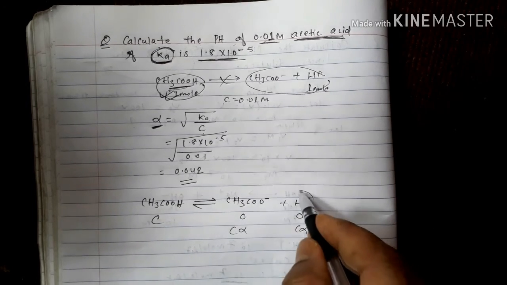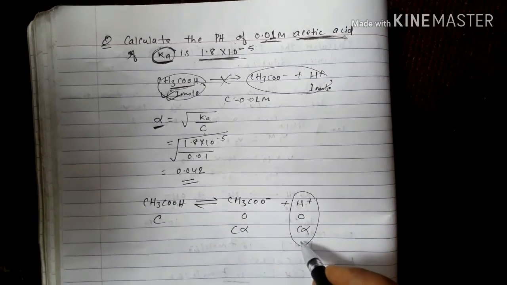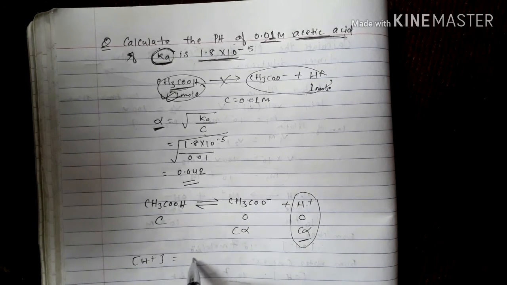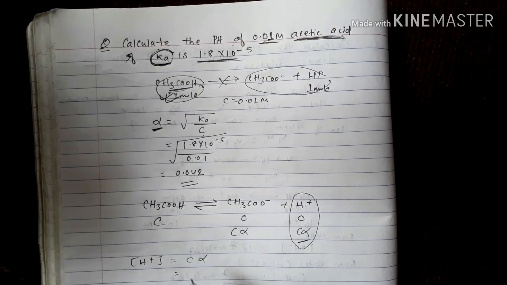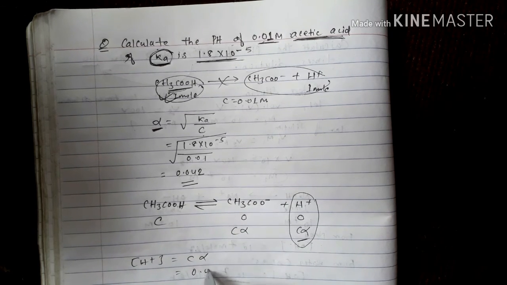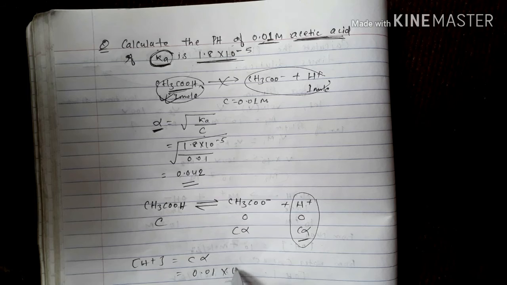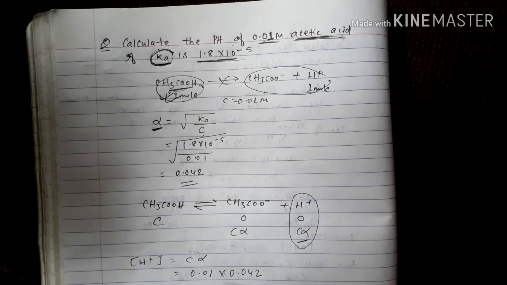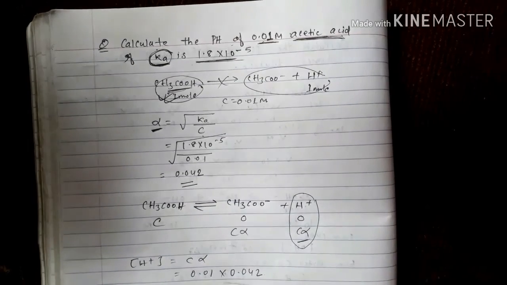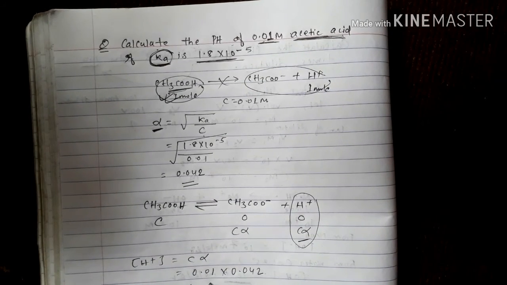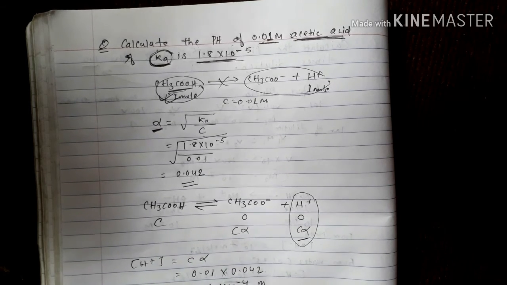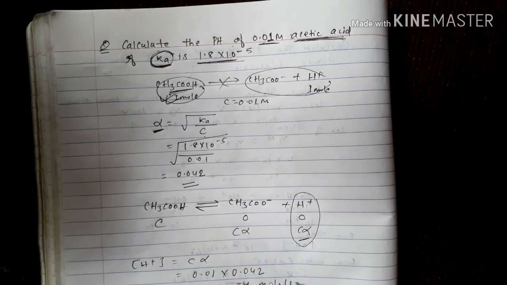Therefore, the concentration of H plus ion comes from C into alpha. C is 0.01, alpha is 0.042. The concentration of hydrogen ion will be 4.2 into 10 to the minus 4 moles per liter.